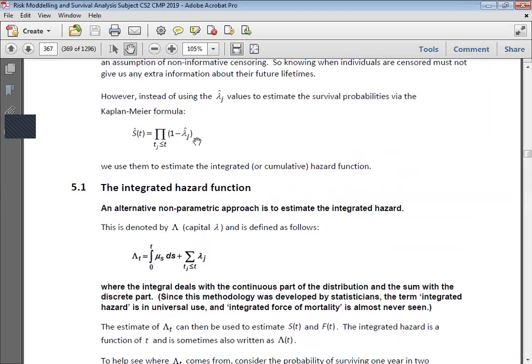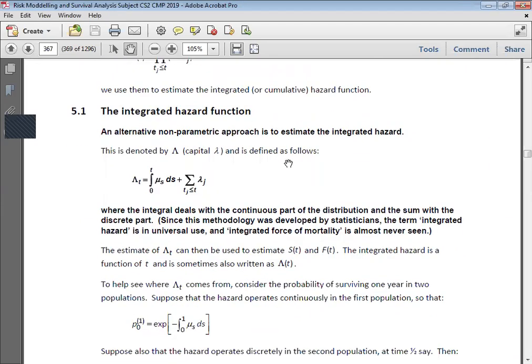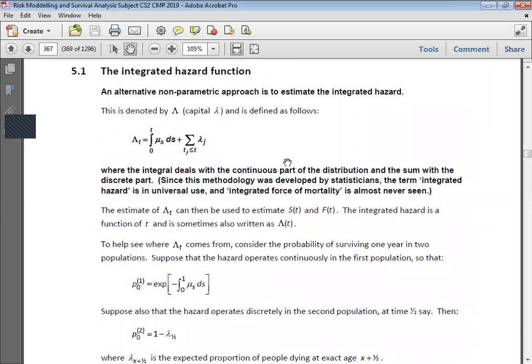So here they have just rewritten this, so I can ignore this. That was Kaplan's formula. But now here, again, this is a non-parametric approach. We are not initially assuming that this is the function that I expect my mortality rate or my hazard rate to follow.